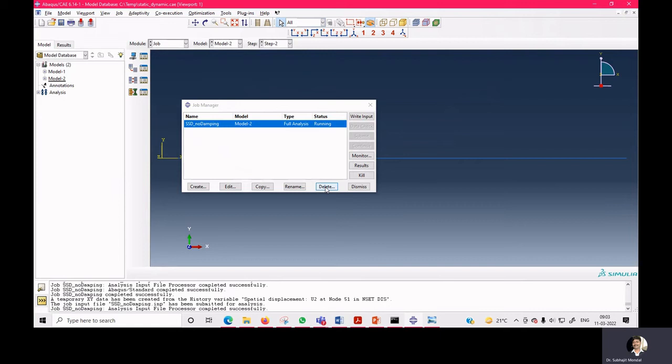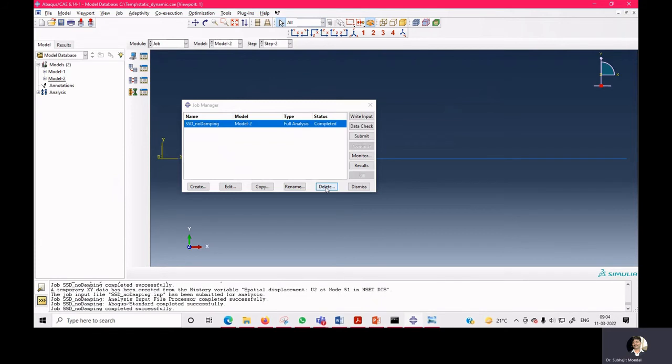The first frequency was coming at 8 Hz, and the fifth frequency was nearly 51 Hz. In step 2, when we perform steady state dynamics, the lower frequency I kept 1, and the upper frequency we are keeping as 250, so that all 5 modes can be included there.